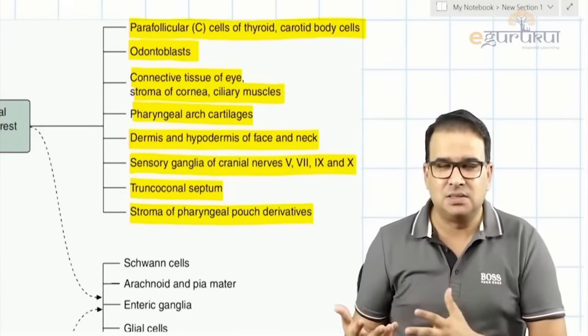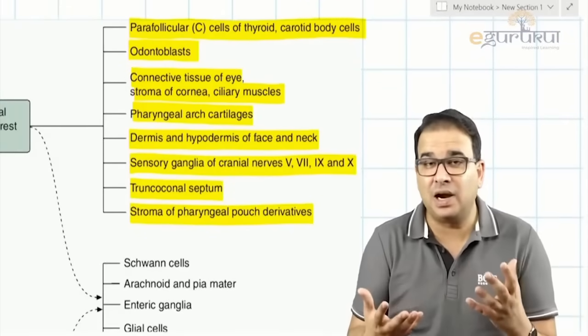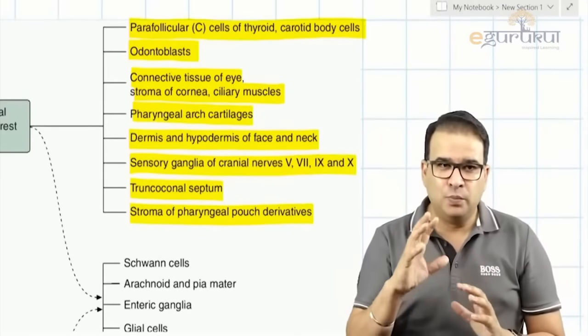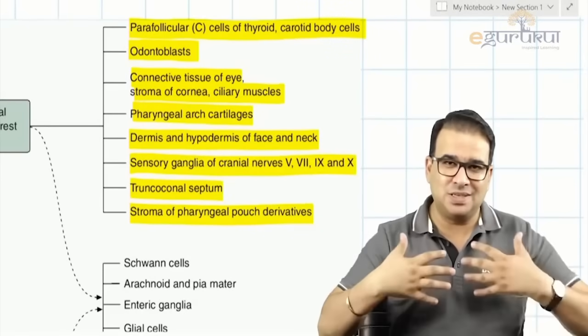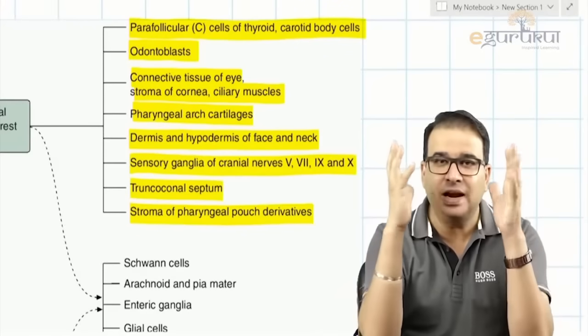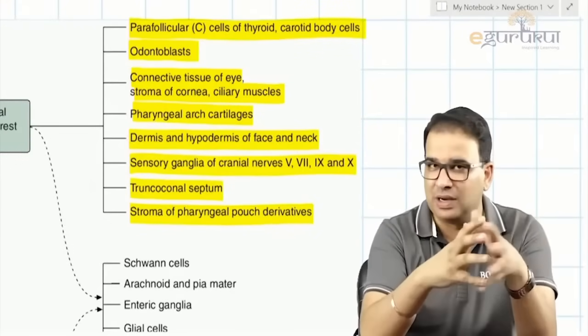Cartilages in the lower part obviously come from mesoderm, but pharyngeal arch cartilages in this region come from the neural crest cells. So most of the mesodermal structures below the head and neck, in the head and neck region are derived from the mesenchyme of the neural crest cells.